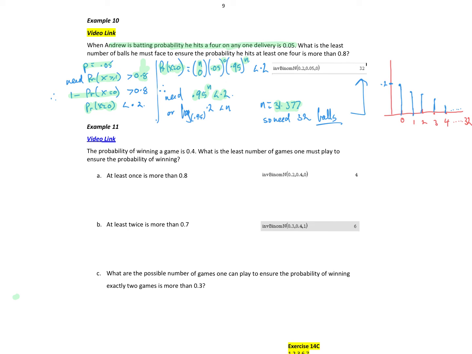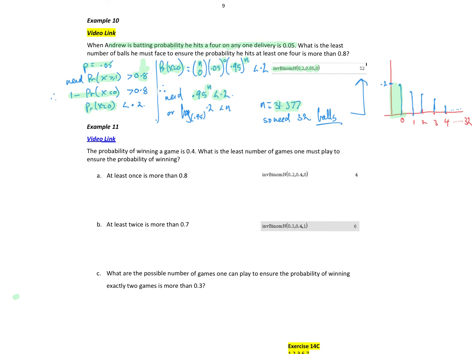So I guess what we're saying here is, if we consider the inverse binomial n function, it's always about the probability between 0 and the value that you're looking for. So whilst I need x greater than 0.8, I need to consider the area from 0 to 0.2. So we want the number of trials to be big enough so that the area, or the probability, is 0.2, and the probability of success is 0.05, and 0 successes.